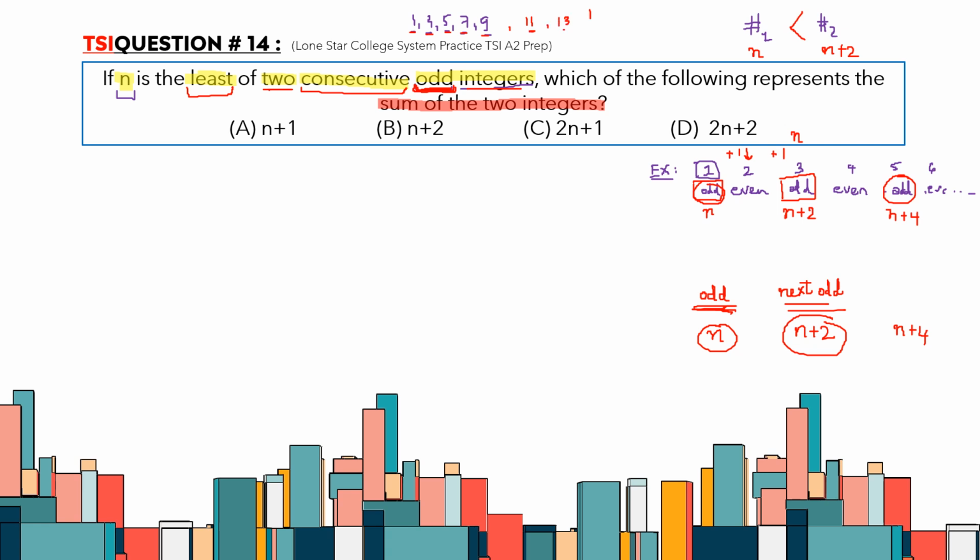Then 13 ends with 3. 15 ends with 5. 17, those are all odd numbers, right? Integer. Least means smaller. Consecutive is the next one, the next closest one.